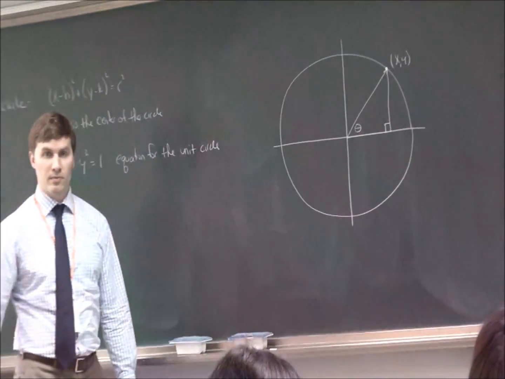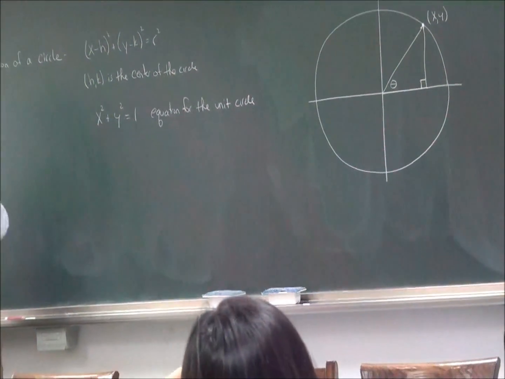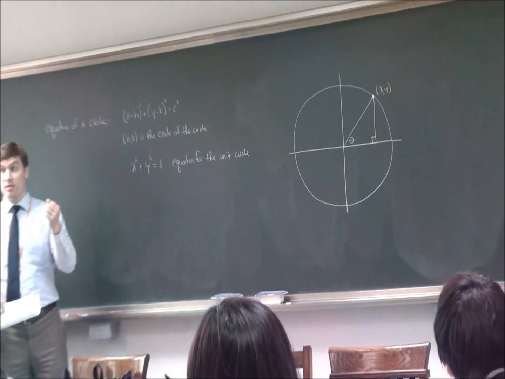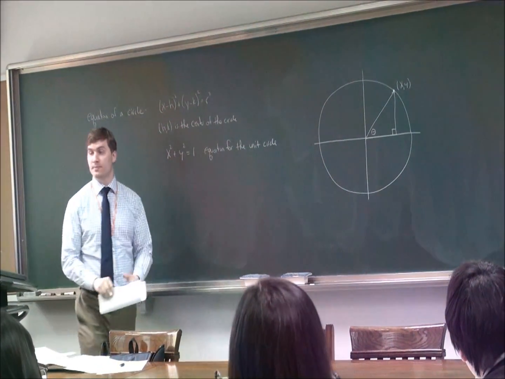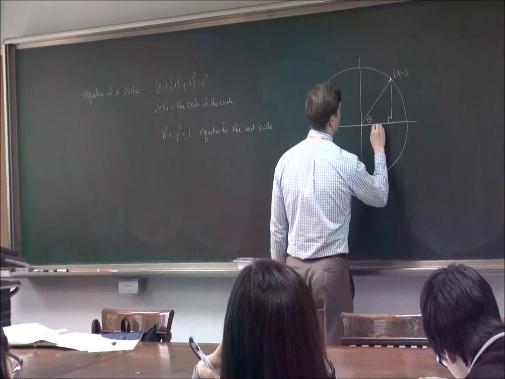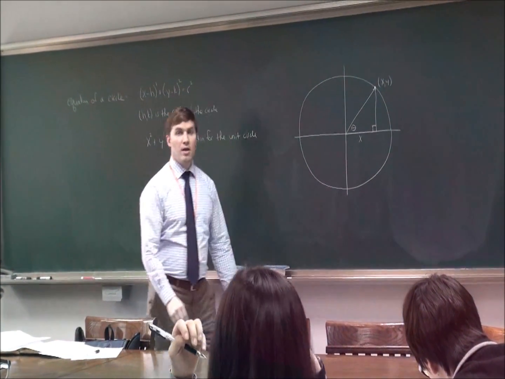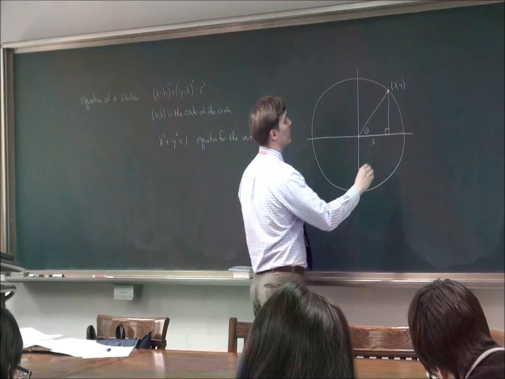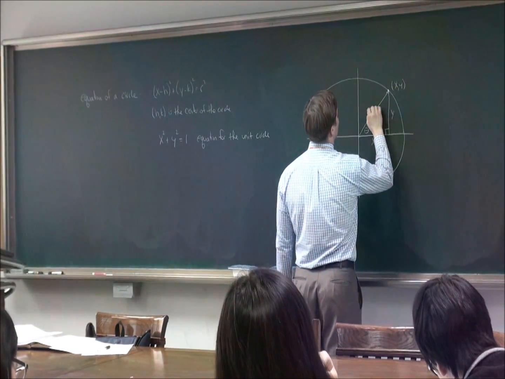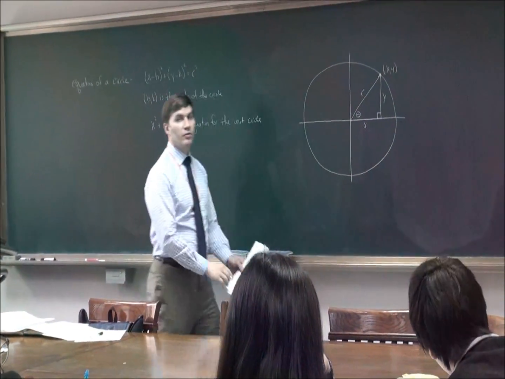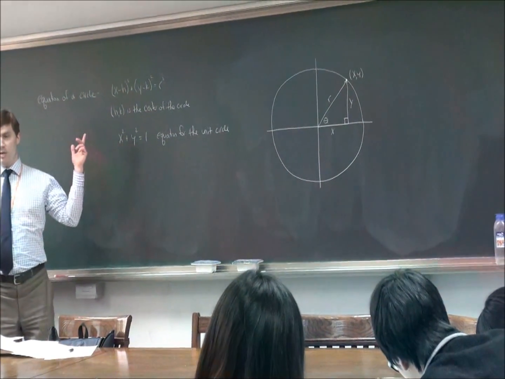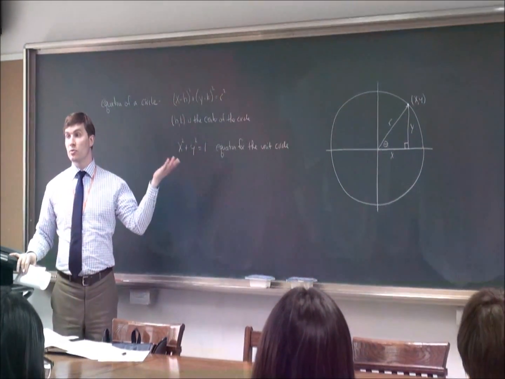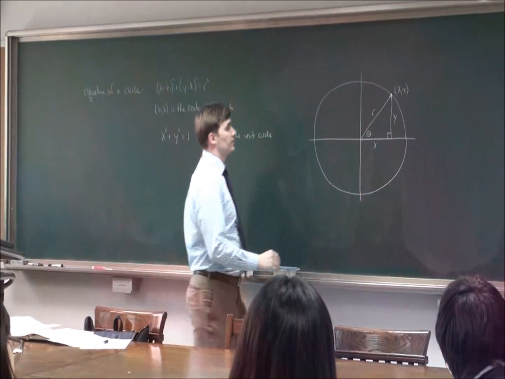And this right triangle has a base length of x and a height of y, and a radius of r. If we're talking about the unit circle, to keep our calculations easy, that equals 1.